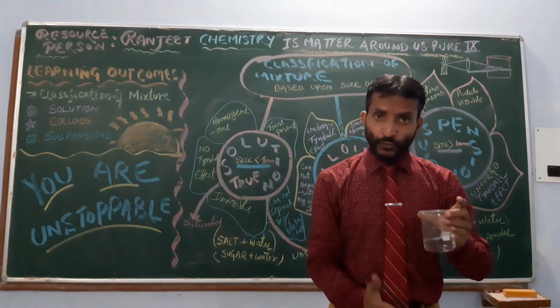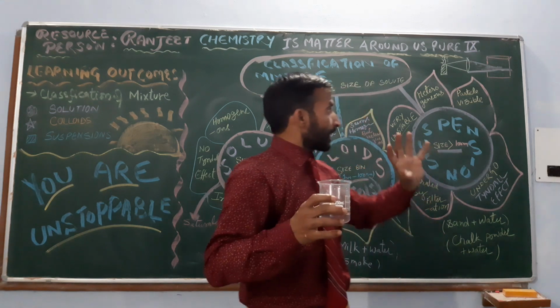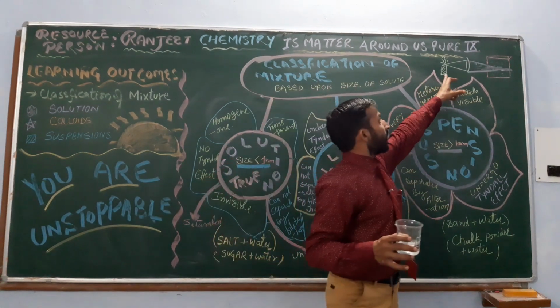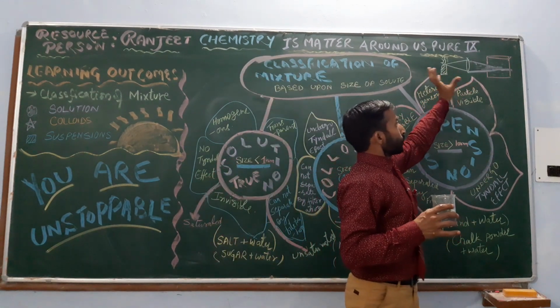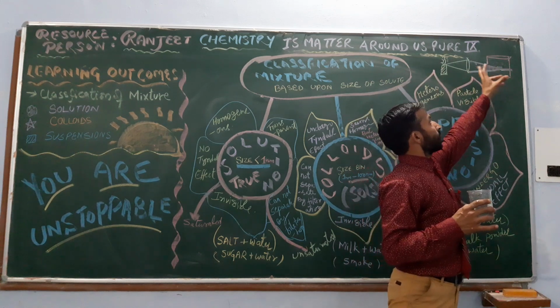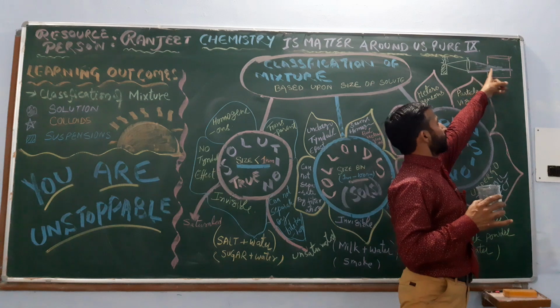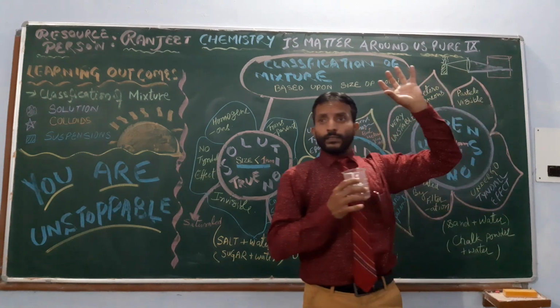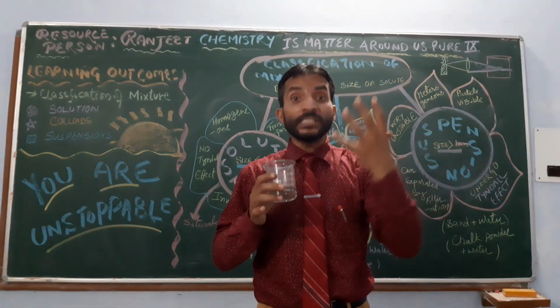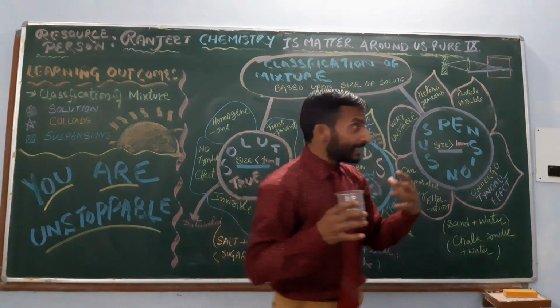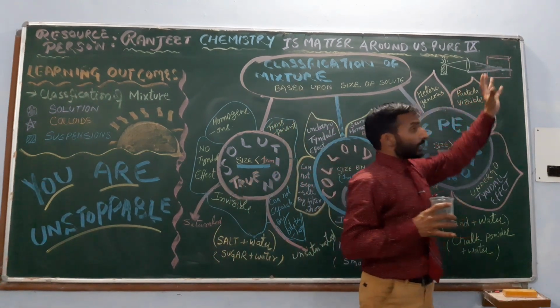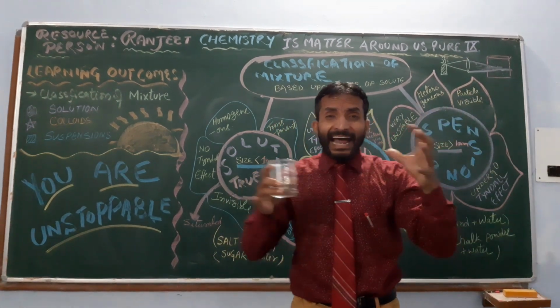So what is the Tyndall effect? When we pass light through a solution, if the path of light is visible, that is known as the Tyndall effect. Why is this path visible? When the light gets scattered.